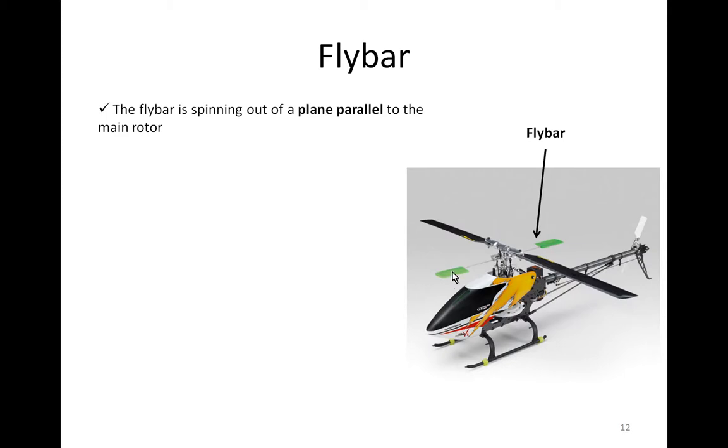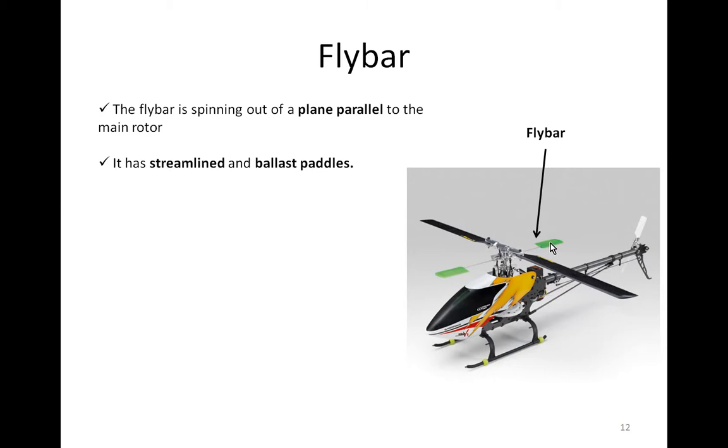The flybar can be located below or above the main blades. It rotates in a plane parallel to the main blade plane. The flybar has streamlined and ballast paddles.